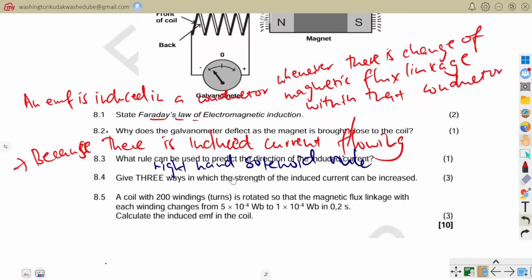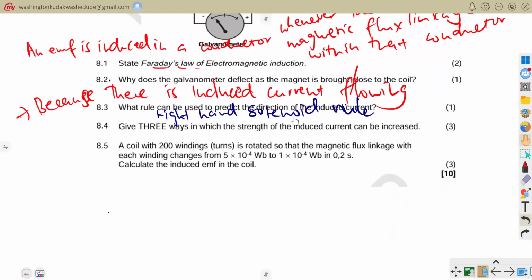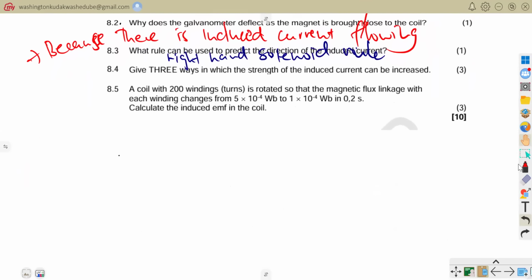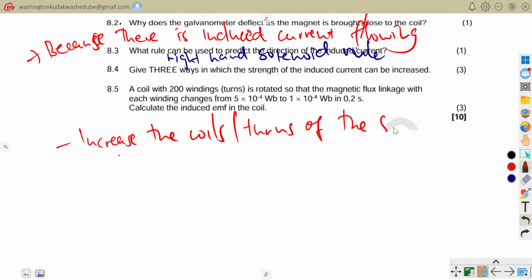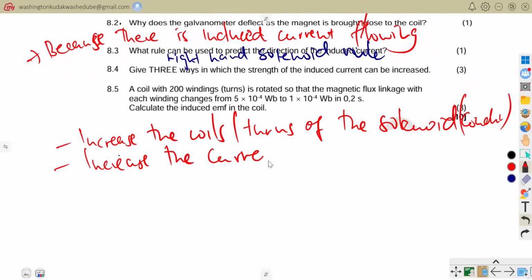Now they are saying give three ways in which the strength of the induced current can be increased. You can increase the coils or the turns of the solenoid. You can also increase the current that is flowing in the solenoid.